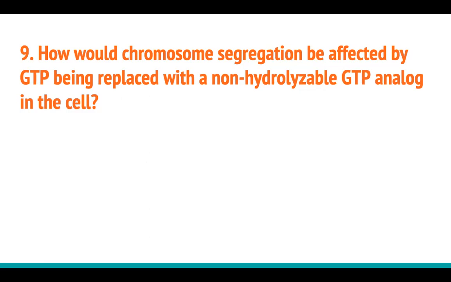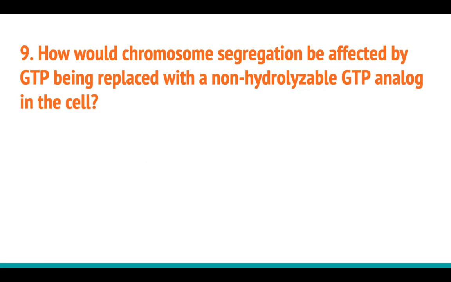Right, yeah, like when you have your spindles that are extending to try to find the sister chromatid that they're attaching to, they don't know how to get exactly there, so they kind of just extend and retract until they find the site that they're supposed to bind on. But if you lose that ability to retract, then they're not going to be able to form their proper attachments efficiently or at all.